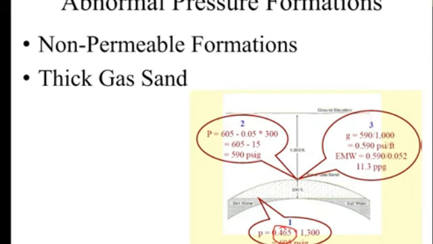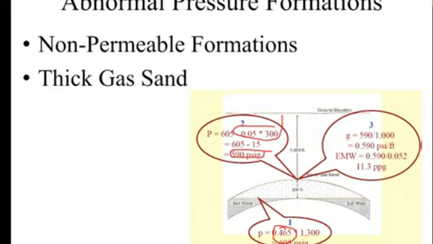If the pressure gradient of the gas is 0.05 psi per foot, then the hydrostatic pressure of the gas column is 0.05 times 300 feet. So 605 minus 0.05 times 300, the pressure at the top of the gas cap is equal to 590 psig.